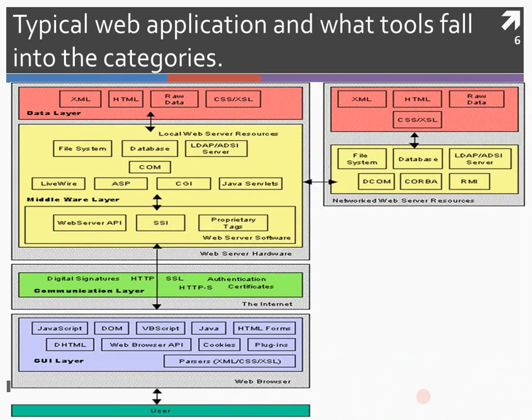This is how the web application will look. All the tools which fall into web applications will come under each layer. Here, if you see, there is a user who is interacting with the GUI layer. The GUI layer must translate the desired intention, needs, or wants of people into executable logic machine instructions.